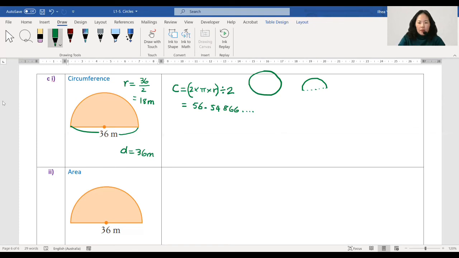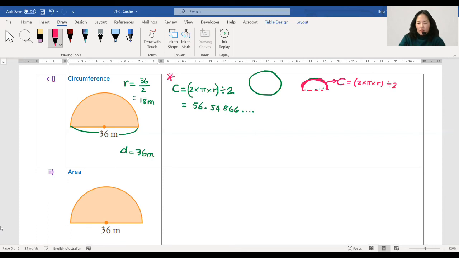Now, we need to be very, very careful here. This is a very important one. As I said before, it only gives you the half of the circle curve. It didn't give us what's underneath here. So this formula just gives you this: 2 times pi times r divided by 2.